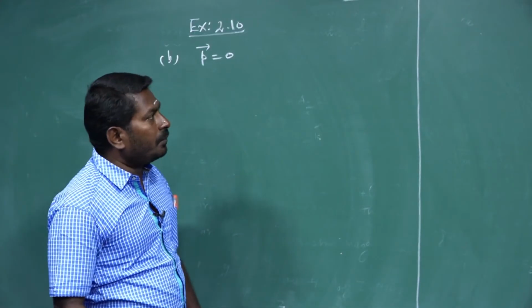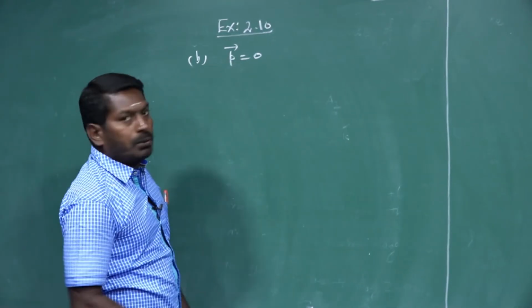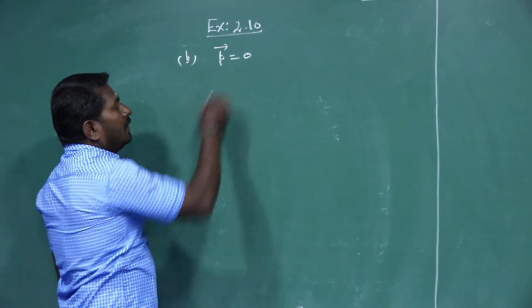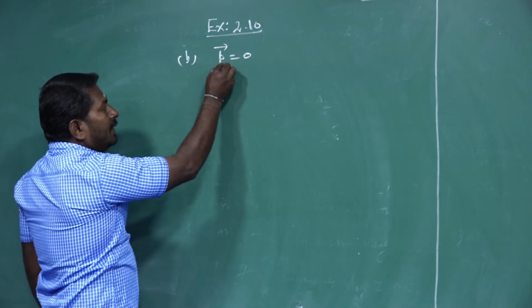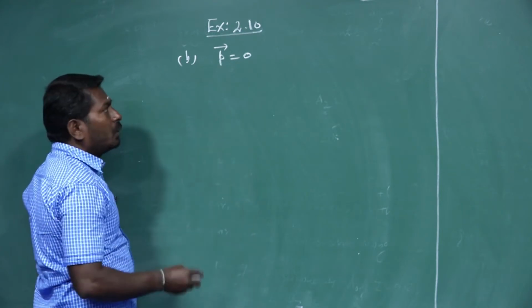Dear students, in the same problem in the textbook, example 2.10, we see another division, B. P vector is equal to 0. P vector is nothing but a momentum vector. Momentum is a vector quantity.